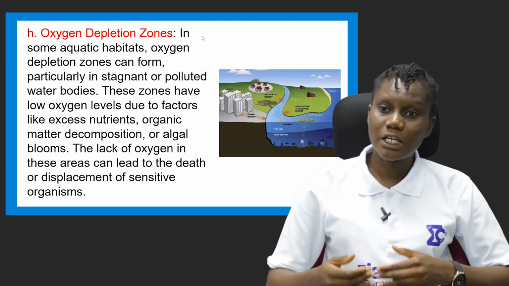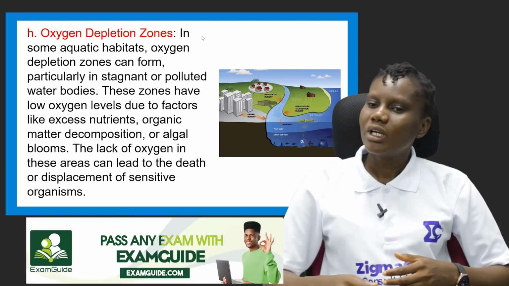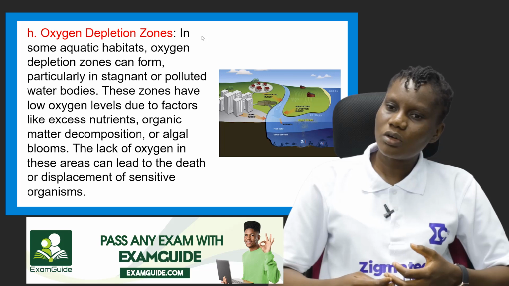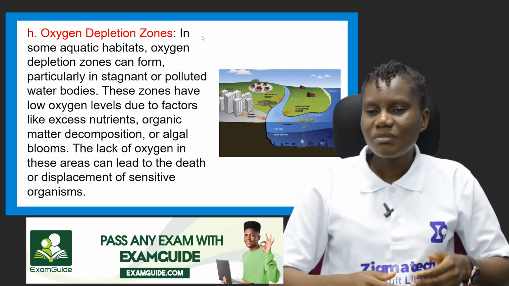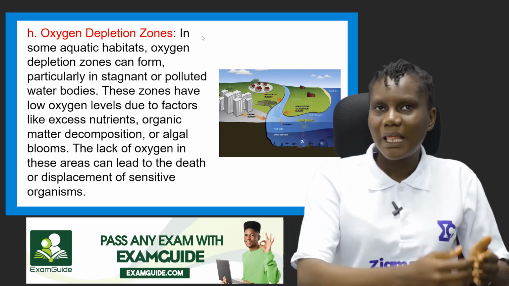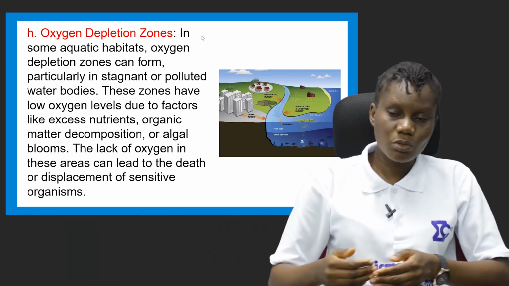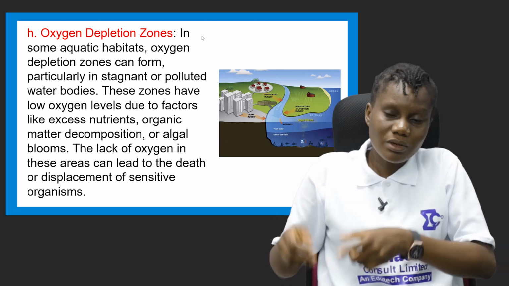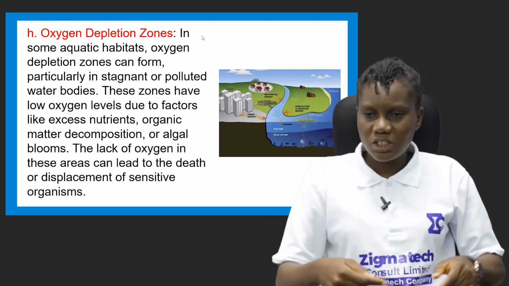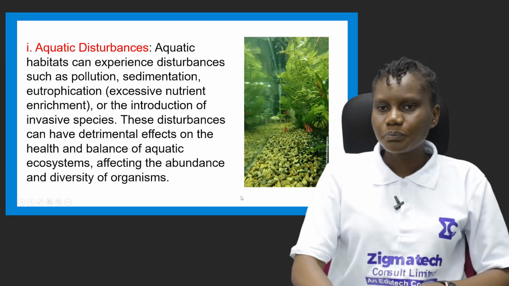There's no organism that's an island, so we depend on each other. So when oxygen is not enough for some organisms, they can die, and that can also displace some sensitive organisms, like organisms that depend on such organisms to survive.